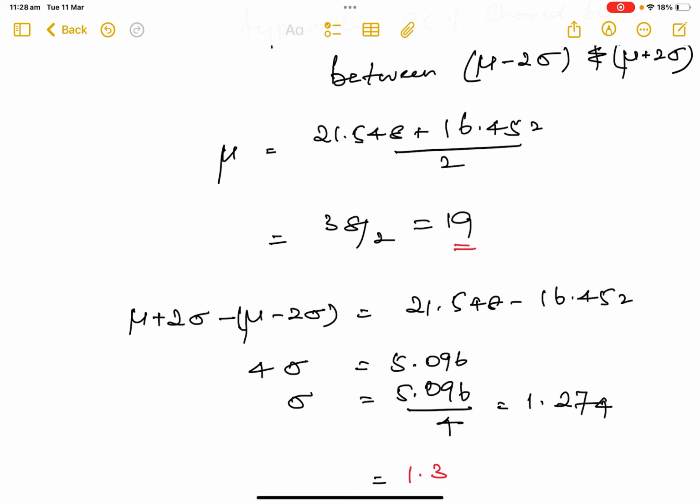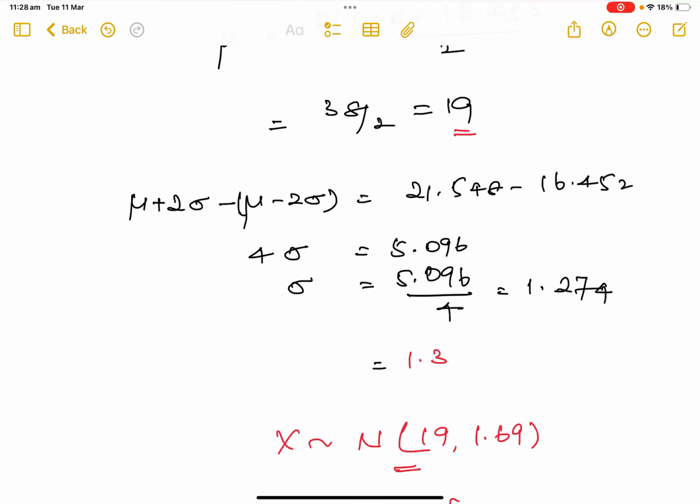Then, as I said, the region is between 2 lambda on the left-hand side and the right-hand side. So the shaded region is mu plus 2 lambda minus mu minus 2 lambda, that is 4 lambda.